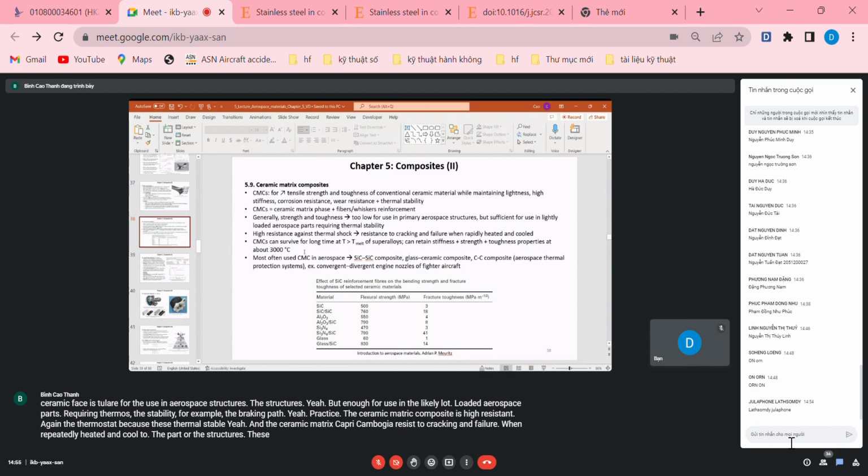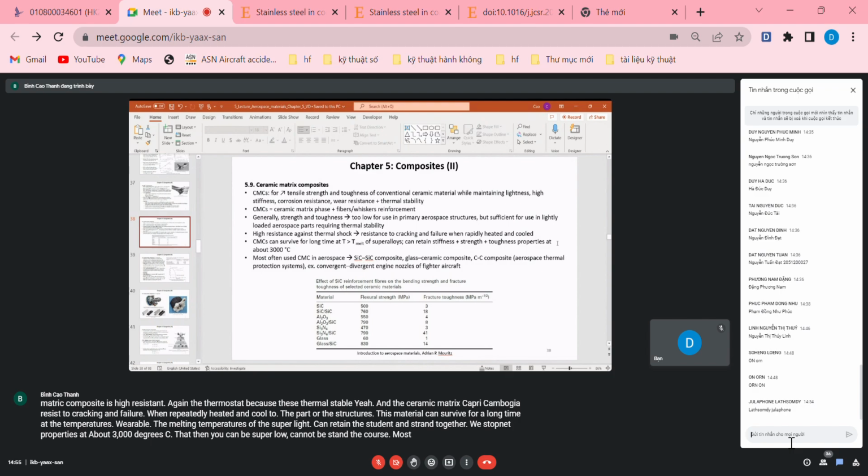This material can survive for a long time at temperatures well above the melting temperatures of the superalloy, and can retain the stiffness and strength together with toughness properties at about 3000 degrees C, which the nickel-based superalloy cannot withstand, of course.